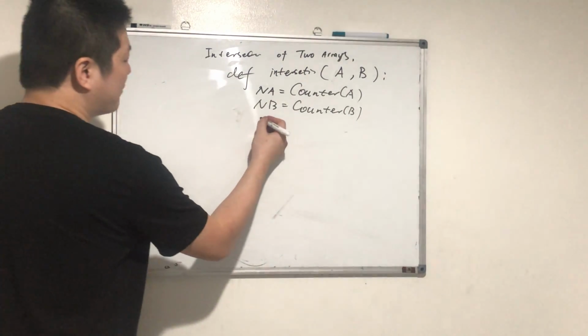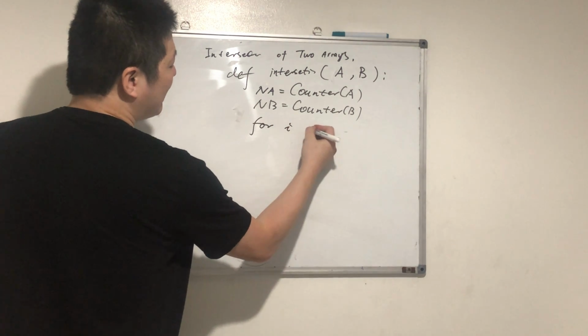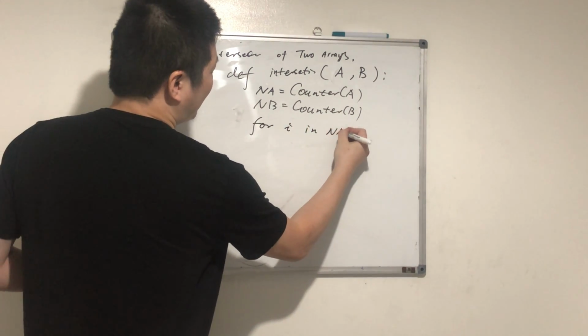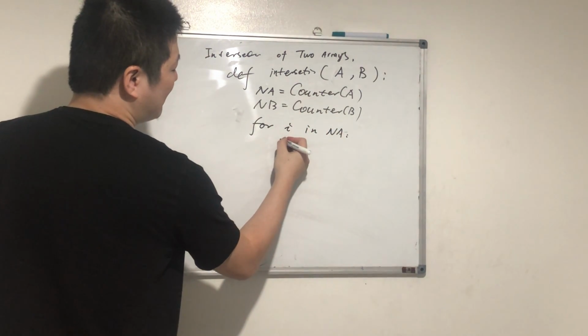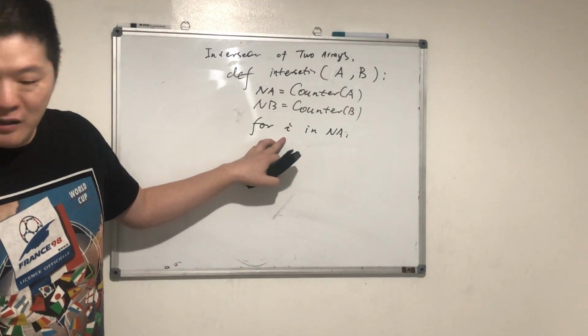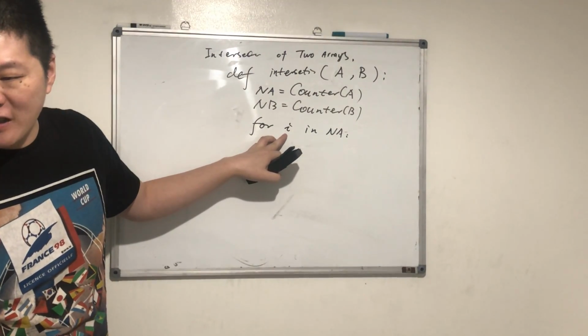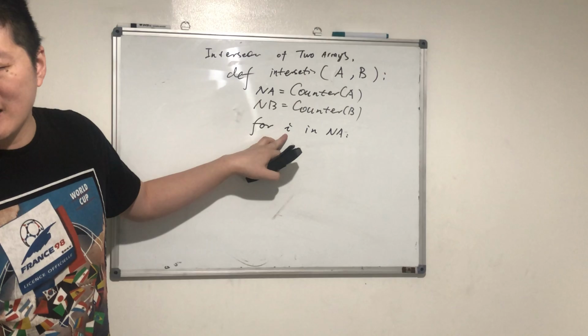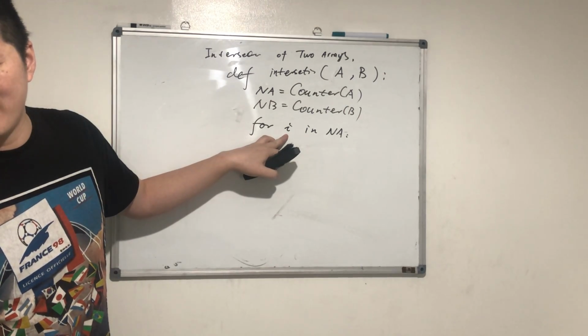Okay, then now we go through one array of each, yeah? For I in notebook A, right? Now we know this I, for example, is 3, and we want to find out if 3 is in notebook B. How can we do it?